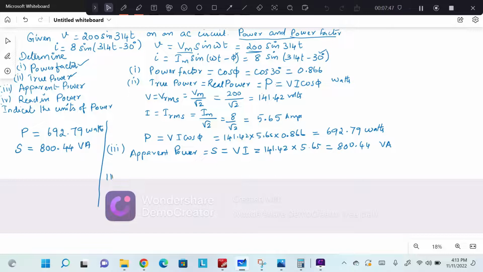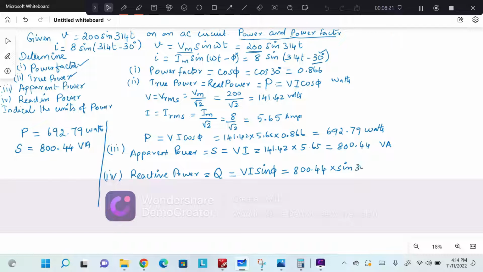And the last one which is asked here is reactive power. The reactive power is represented by the letter Q, and the formula to find Q is VI sin phi. VI is known to us, that is 800.44, whereas phi we know is 30 degree.